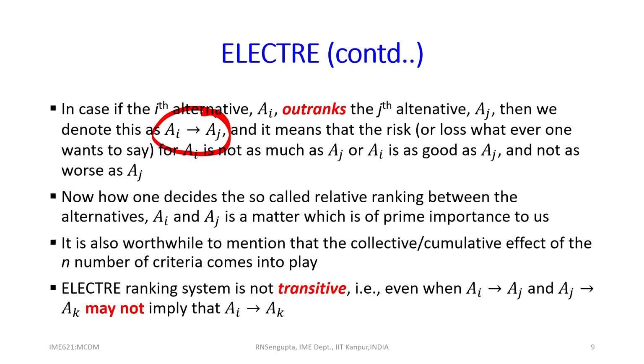ELECTRE ranking is non-transitive. It means that if AI is better than AJ and AJ is better than AK, it would not mean AI is better than AK. But if you consider this transitivity property on the real line, it is very simple to understand that it would be true.